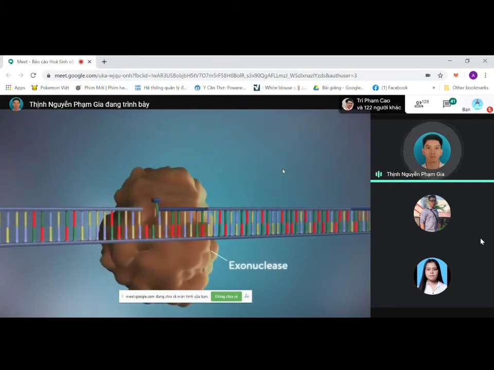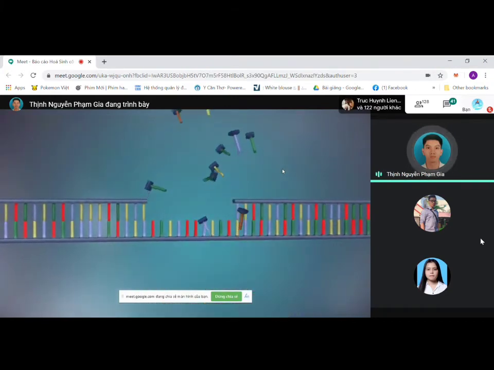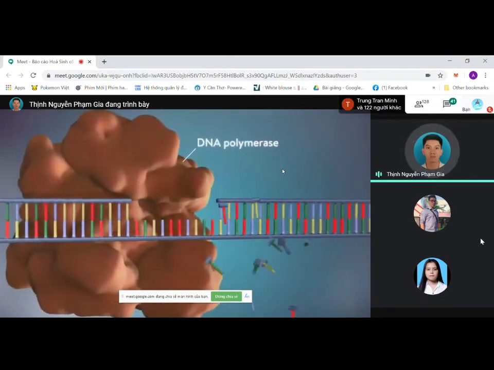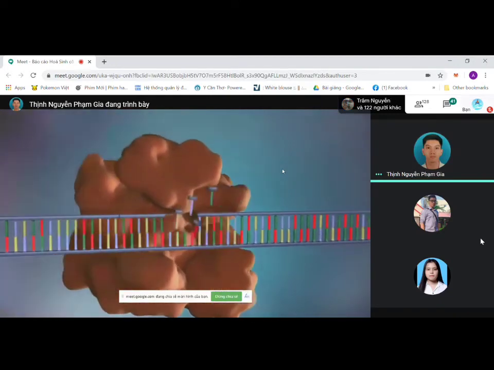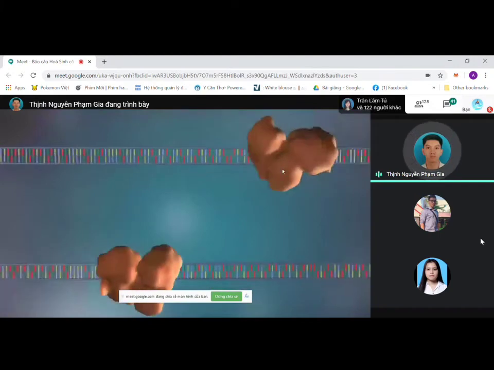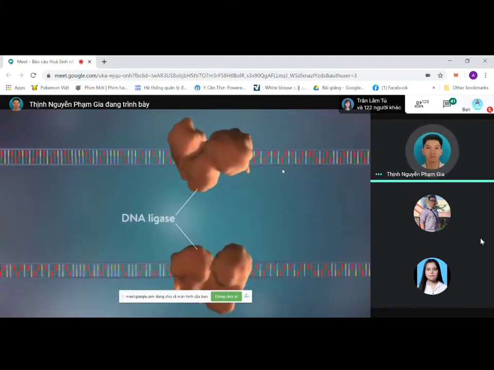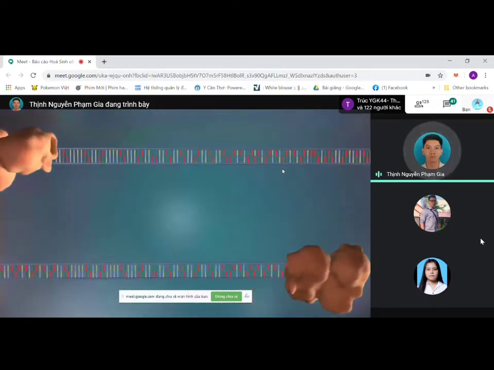Once new chains are made, exonuclease will remove the RNA primers from both chains of DNA, and DNA polymerase I fills this gap. Finally, DNA ligase will connect the fragments to form a continuous double chain. That's all about DNA replication.